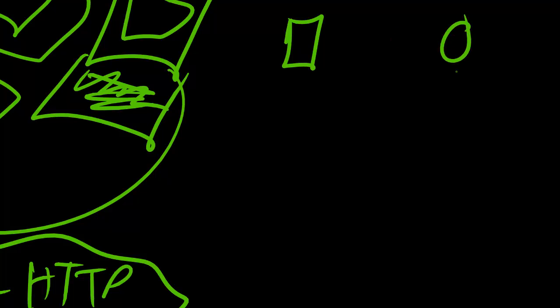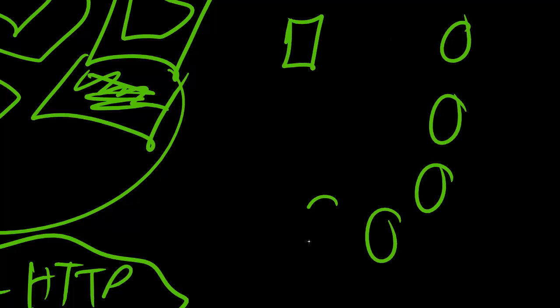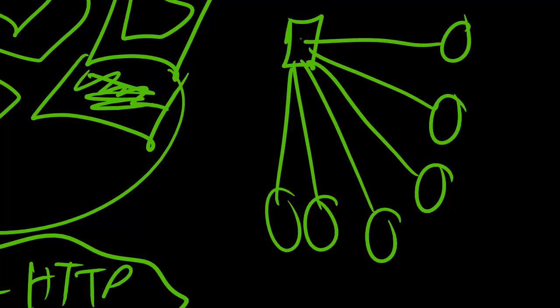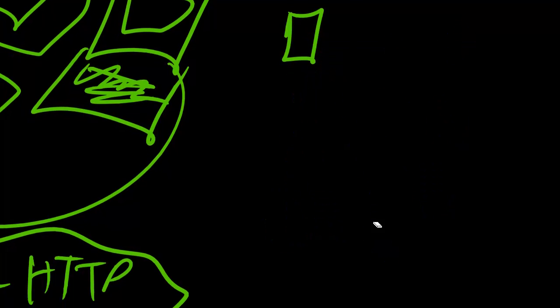Eventually you'll get so many nodes out here accessing this component that it's going to start feeling slow. It's just a commodity piece of hardware doing the work of something that's a little bit higher end.